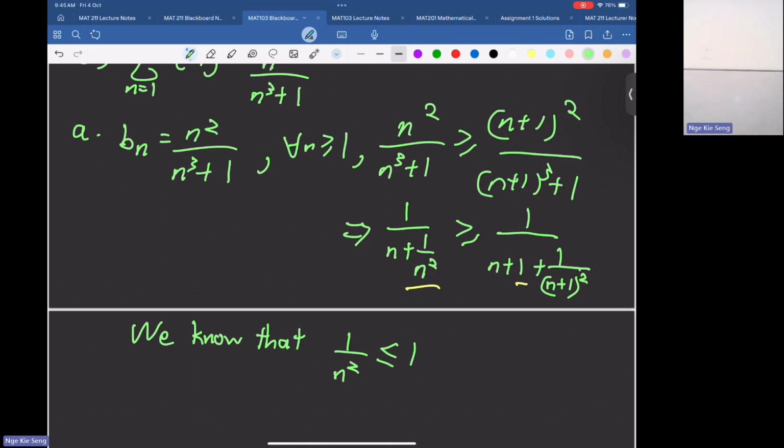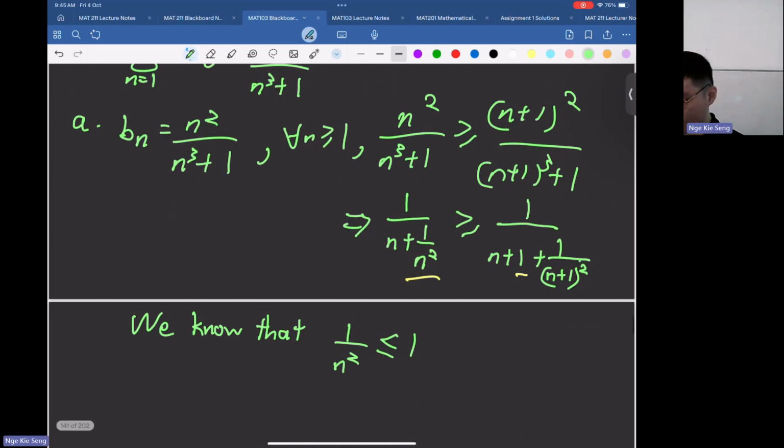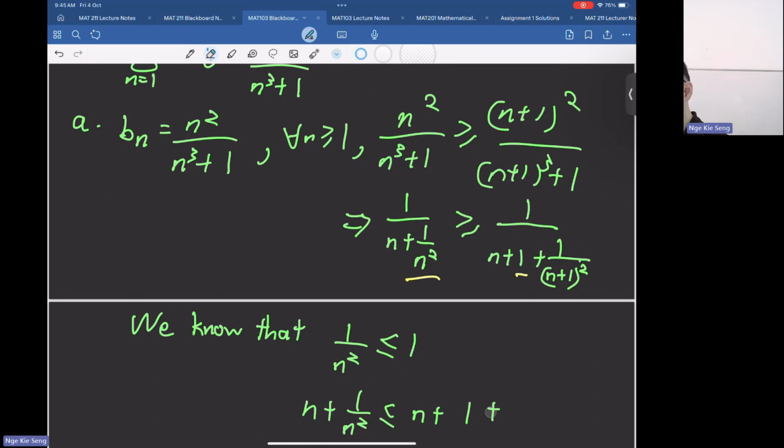Okay, and then n and n is the same. So you add n to both sides, is it? Like this? Okay, and then because it's less than or equal, you can add more stuff, right? So this one is less than or equal to n plus 1 plus 1 over n plus 1 square, because 1 over n plus 1 square is positive, right?